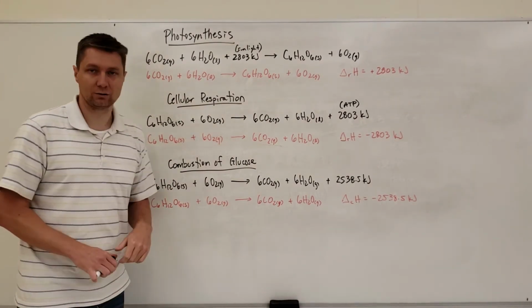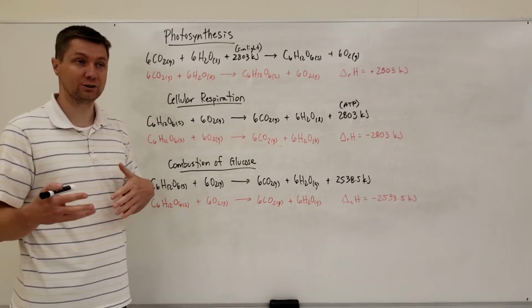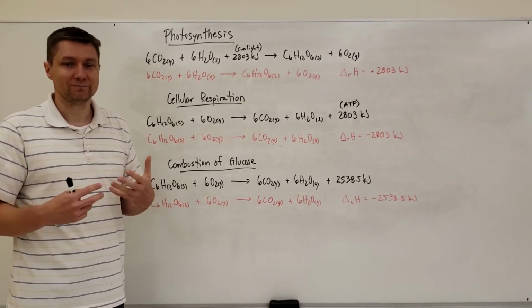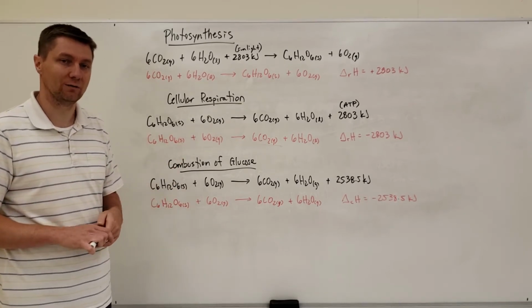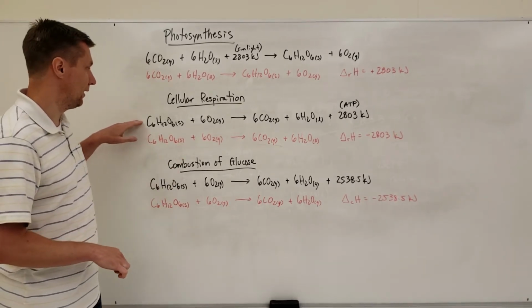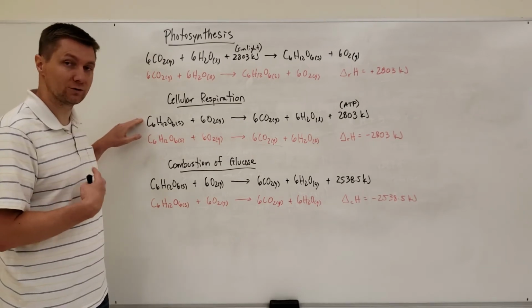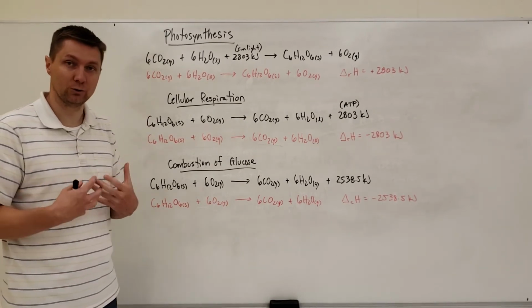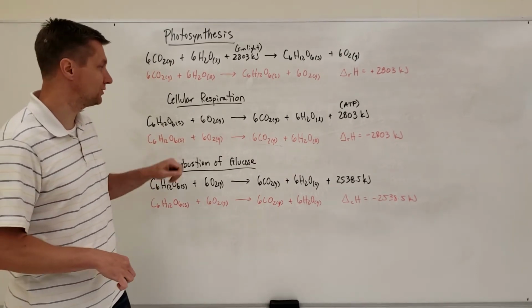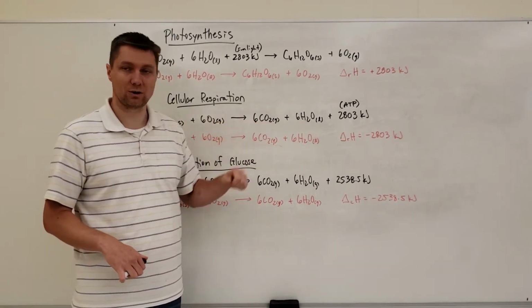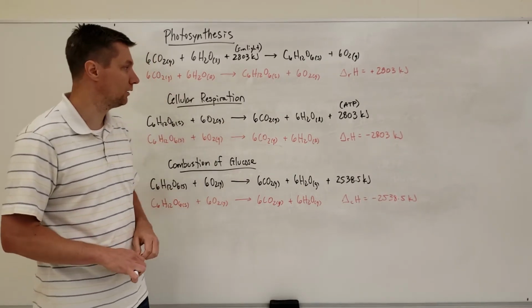If we take a look at cellular respiration, we know that in basic terms it is kind of the opposite of photosynthesis, in that animals, for example, take in glucose or food into their body. They burn it by breathing in oxygen. That reaction takes place and produces carbon dioxide and liquid water.